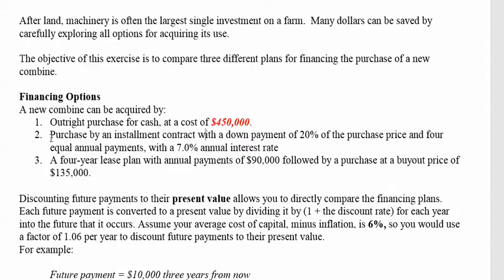Purchase option two would be to purchase with an installment contract with a down payment of 20% of the purchase price and 4 equal annual payments with a 7% annual interest rate. So we'll figure out our down payment here in a little bit, and our amortization factor to figure out our equal annual payments.